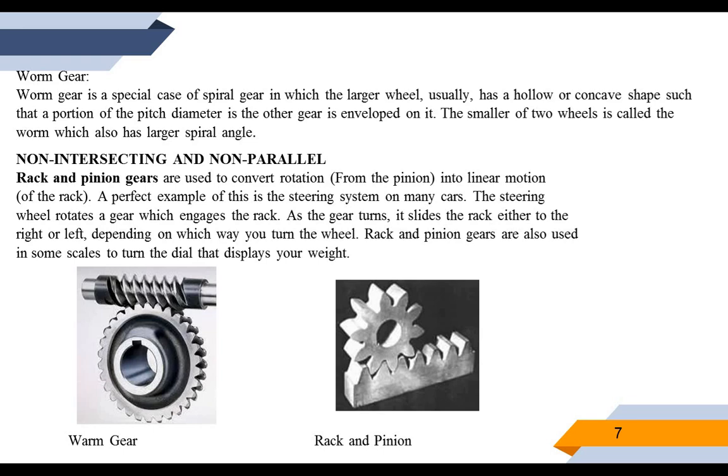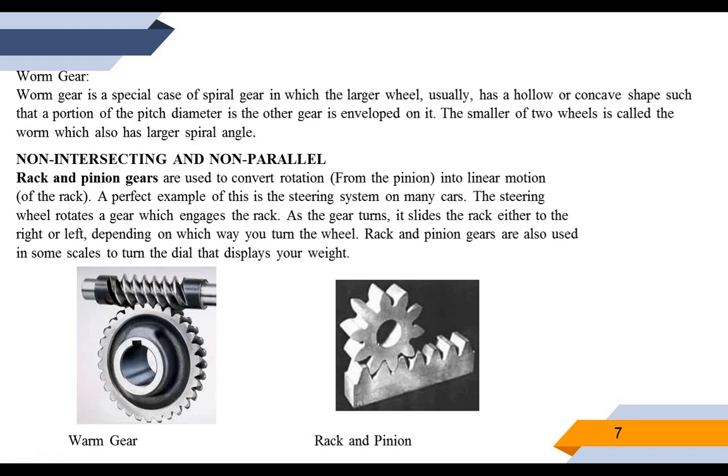This is because the angle on the worm is so shallow that when the gear tries to spin it, the friction between the gear and the worm holds the worm in place.